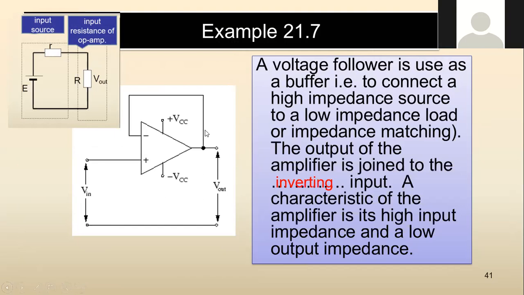Right? Here's the output, straight away to the inverting input under feedback. So if that is high, that is low, that is high, it's not good if we connect directly there, because the output voltage here will be very, very low. So if we use this one between these two, then we can have a high voltage also here.